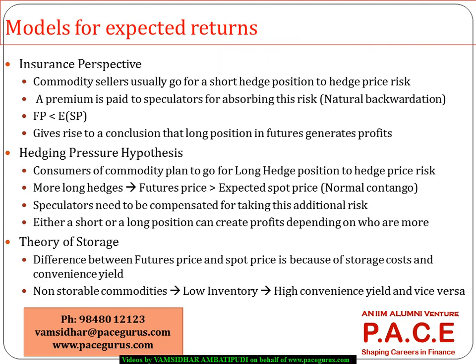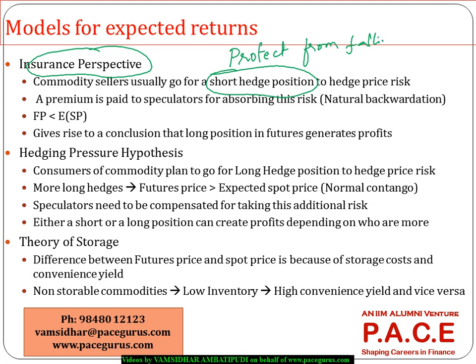Now, when we look at the various theories governing commodity investments, there is one called the insurance perspective. Commodity sellers go for a short hedge position to protect themselves from falling prices. They look at getting into the commodity derivatives market to protect themselves from falling prices.